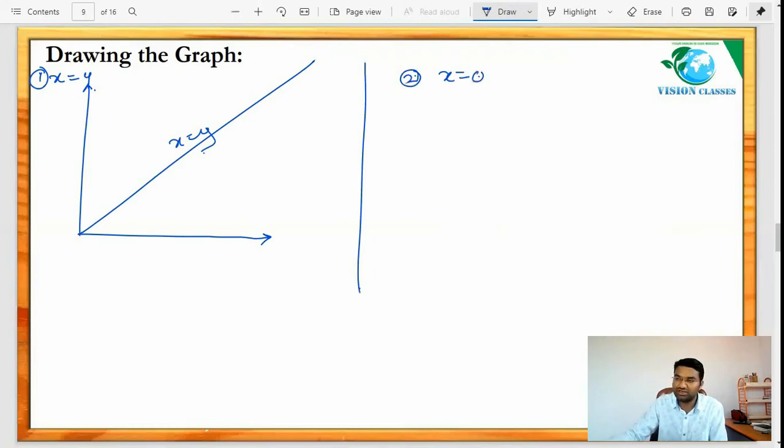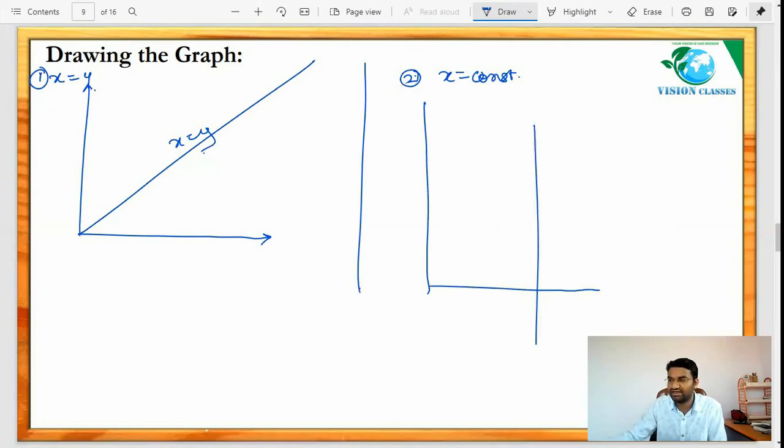Let's say x is equal to 5, then the graph comes like this one, which is actually parallel to the y-axis, right?